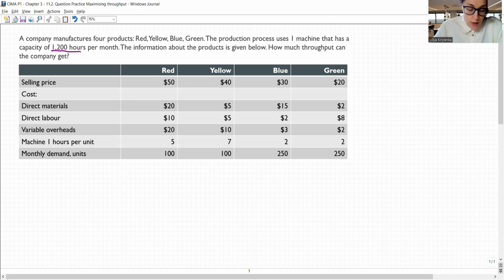Okay, so let us calculate how many hours of machinery we would need if we were to satisfy all the demand.